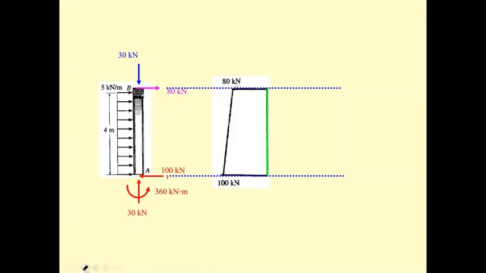This one is going to have the value of what? 100. Your life is 100, and then you get the uniformly distributed load. So the S along this line is going to be negative.